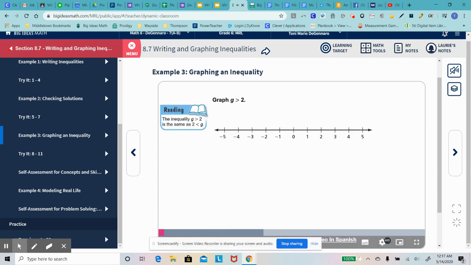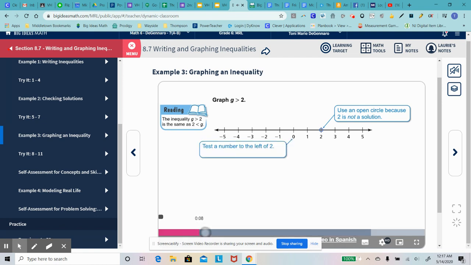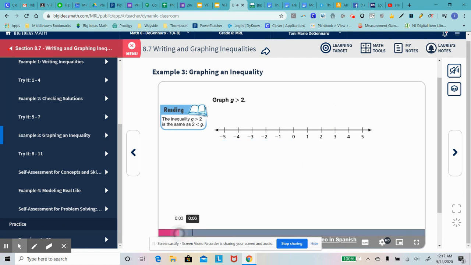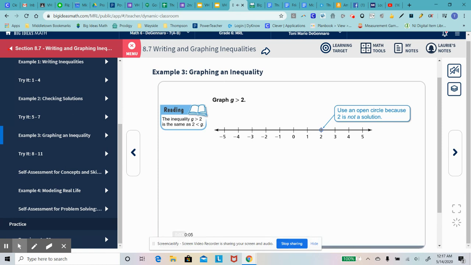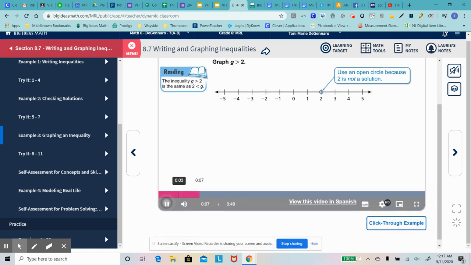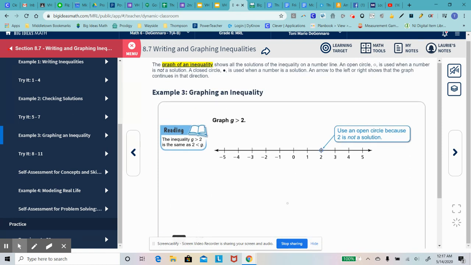Graphing. Here, graph g is greater than 2. Okay, so use the number to the left. Test it because 2 is... Use an open circle at 2 because this 2 is not. Okay, so they're going to give you questions where it's going to say g is greater than 2.